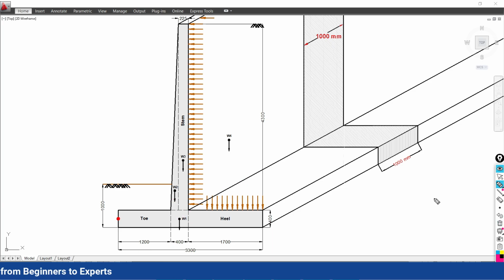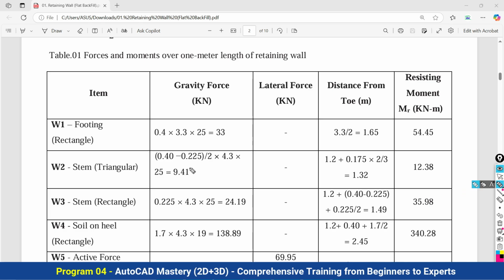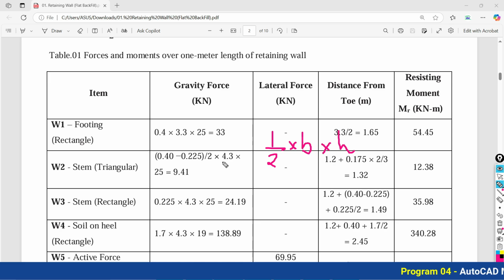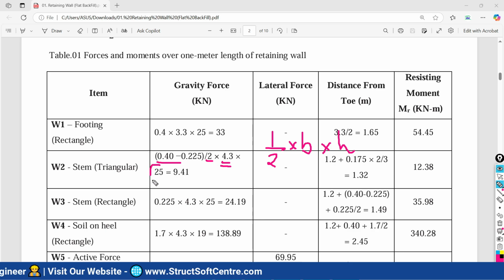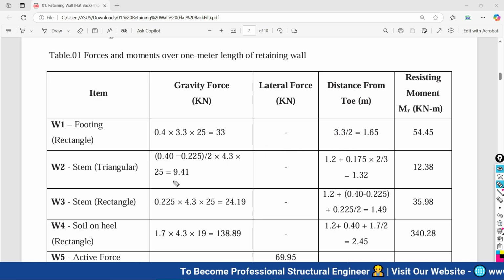Have a look, 0.4 minus 0.225, and we do the calculation for the area: 1 by 2 times base times height of the stem. The height of the stem is 4.3 meter, and 1 by 2 times the base, 0.4 minus 0.225. Overall this area is multiplied by 25 kilonewton per meter cube, the density of the concrete. After doing this calculation we come to the value of 9.41 kilonewton.